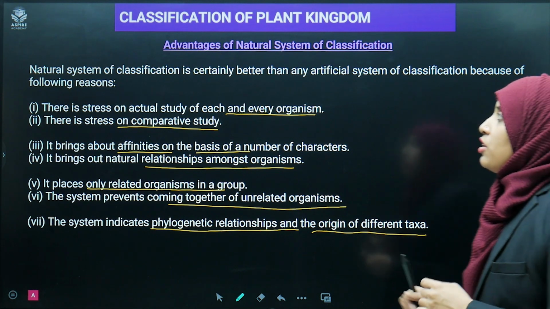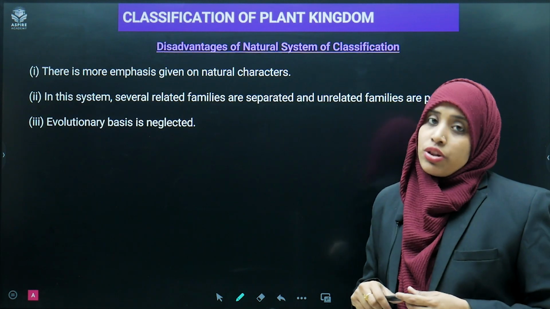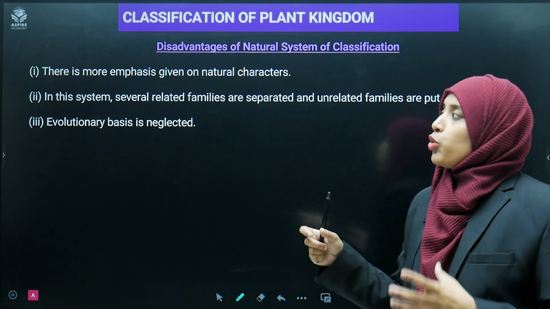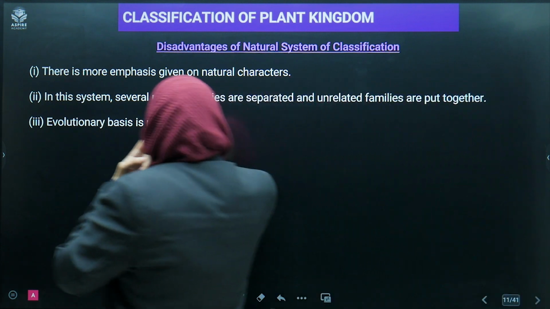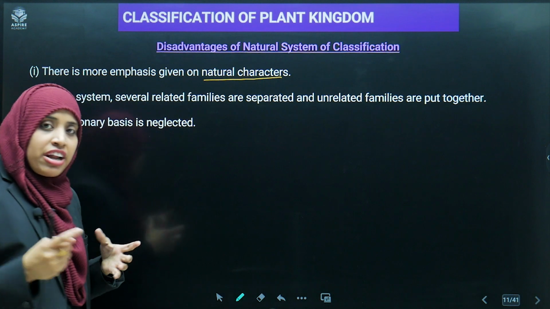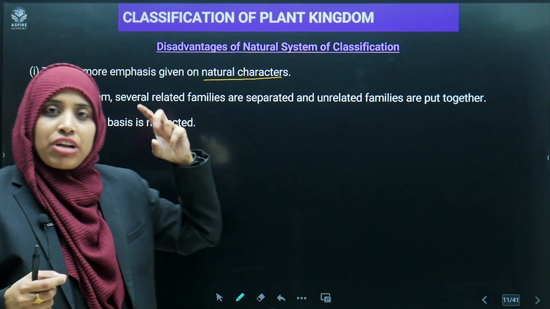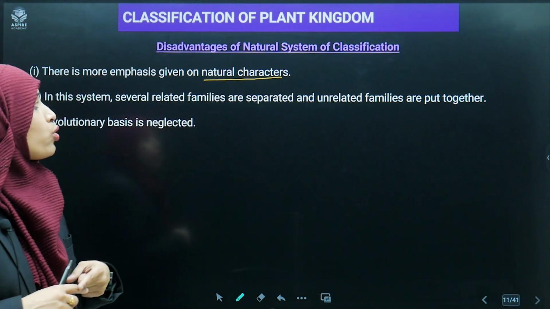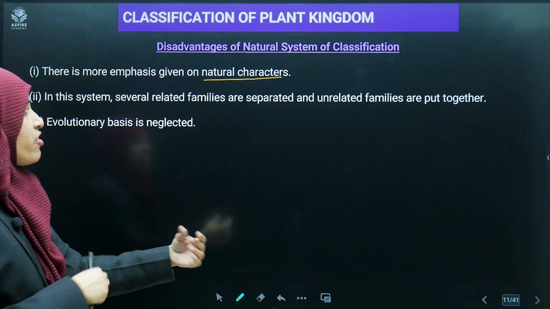Now few disadvantages are also there, but it is still very few. So there is more emphasis given on the natural character. Definitely जब नाम ही है natural system of classification, so natural character को लिया गया, ये एक इसके लिए disadvantages था.